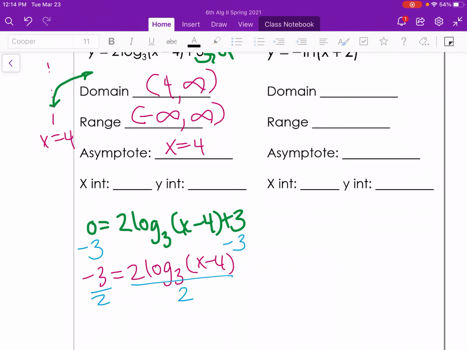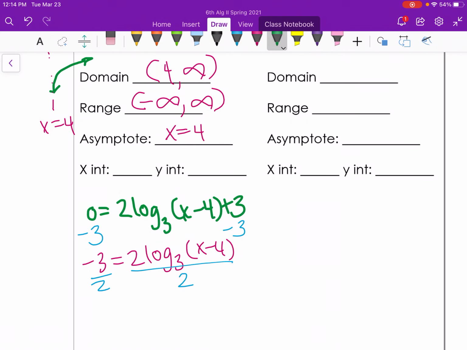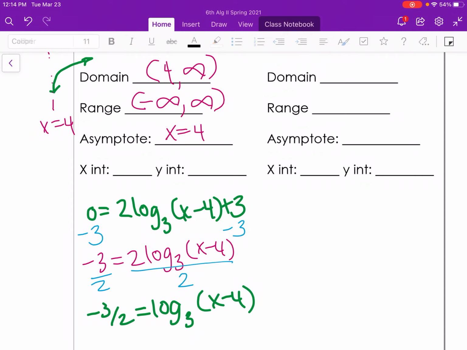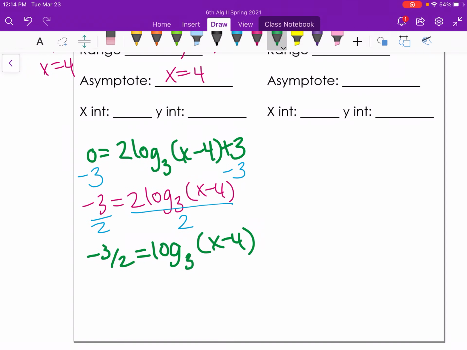So I have to isolate that logarithm first. So I have negative 3 halves equals log base 3 of x minus 4. And now that I've isolated the logarithm, I can rewrite this as an exponential. So I have 3 to the negative 3 halves equals x minus 4.